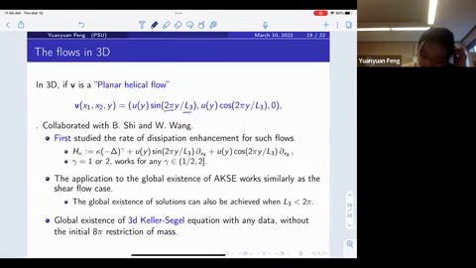We introduced this flow in 3D, and we studied the rate of dissipation enhancement for such flows. The corresponding linearized advection diffusion operator H kappa is kappa times minus Laplacian to the power gamma, plus u(y) sine y partial x1 plus u(y) cosine y partial x2.